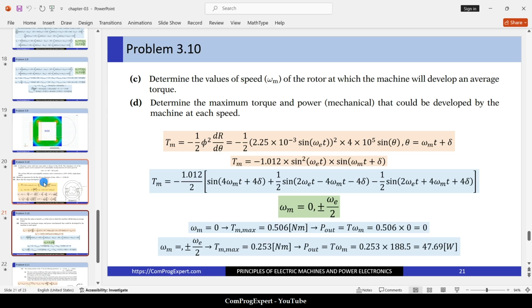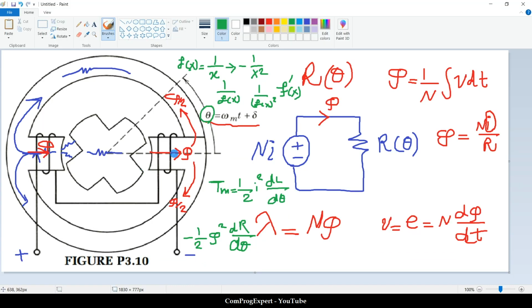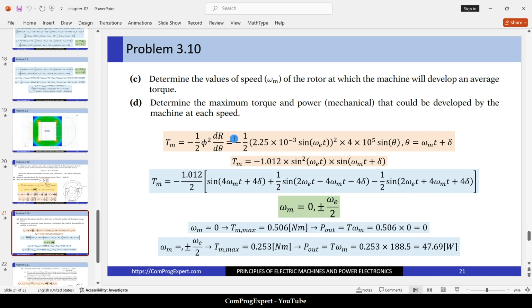Part C: determine the values of the mechanical speed of the rotor at which the machine will develop an average torque. Here we can use the equation that we derived. We know the value of the pole flux, phi, to the power 2 times the derivative of the reluctance.